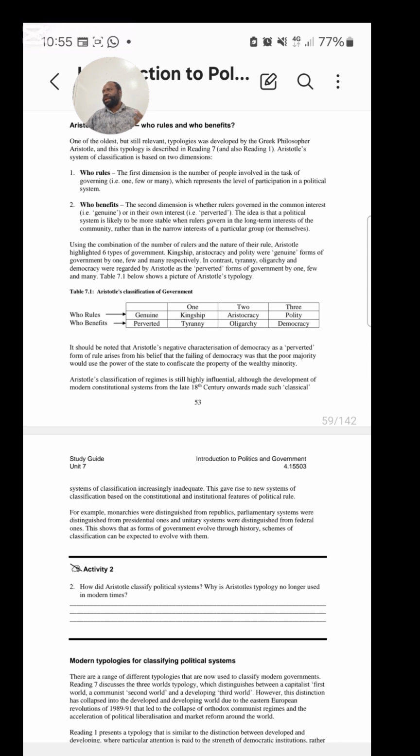If you look at Aristotle's classification in Papua New Guinea's sense, if you look at the dominance of the executive government, then Aristotle would say that Papua New Guinea is moving from a genuine leadership to a perverted type of leadership. So that goes back to the very foundation or principle on power. Absolute power corrupts absolutely. Okay?